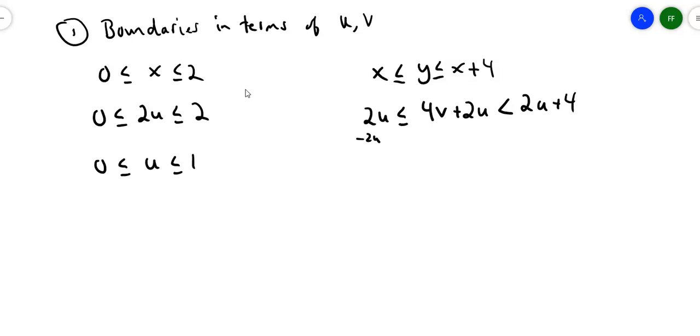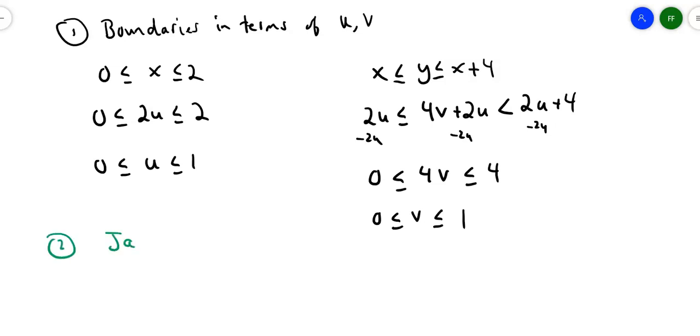I can subtract the 2u here, subtract the 2u there, subtract the 2u there, and I get 0 is less than or equal to 4v is less than or equal to 4. Divide through by 4. And look at that. Instead of having to deal with those x's and x plus 4s and everything else, I'm back to my unit square. It will not always turn out this way, but in this case it did. All right, second step is calculate the Jacobian.